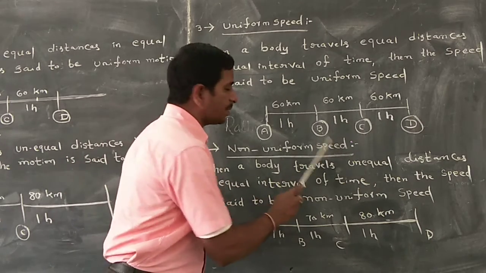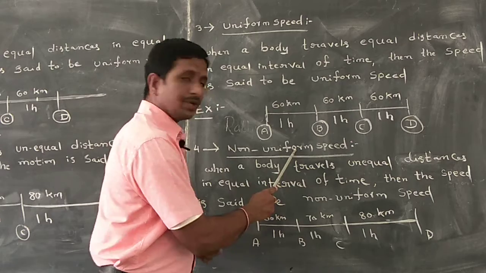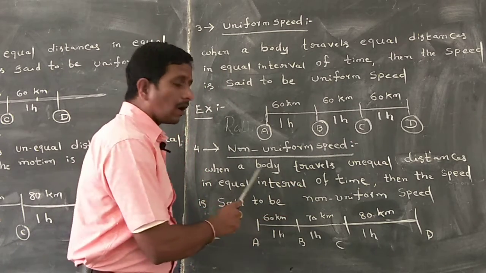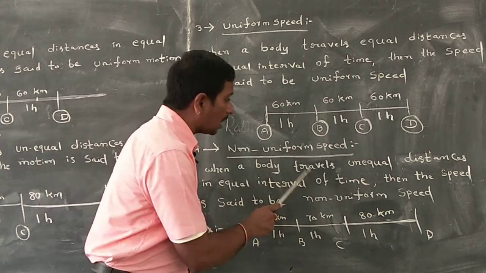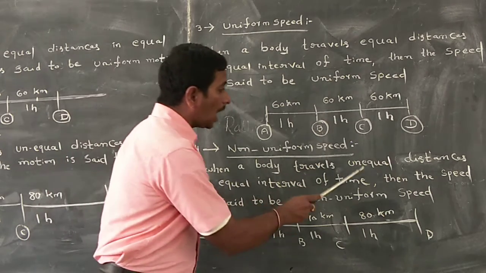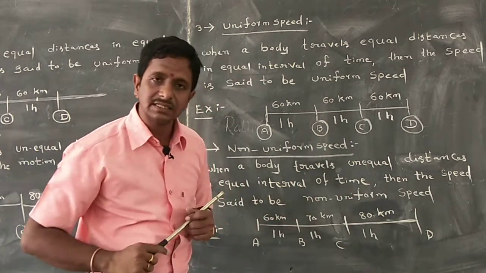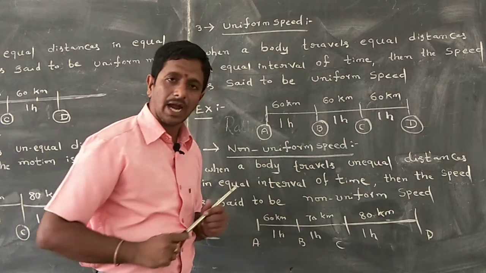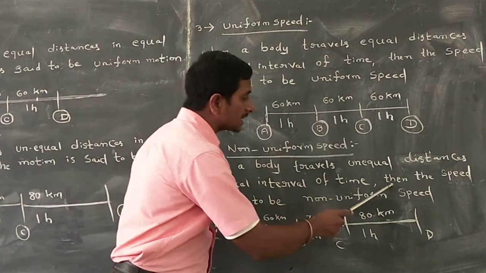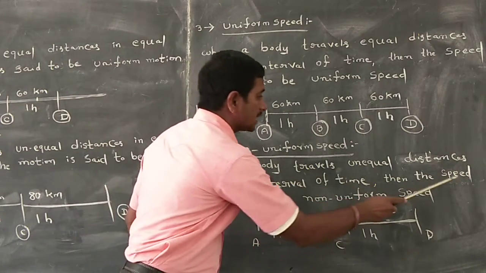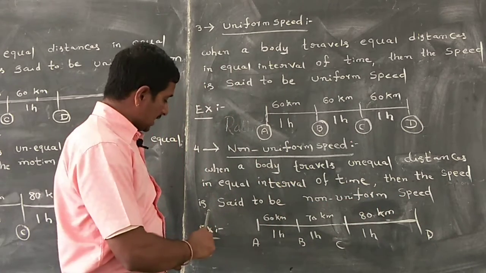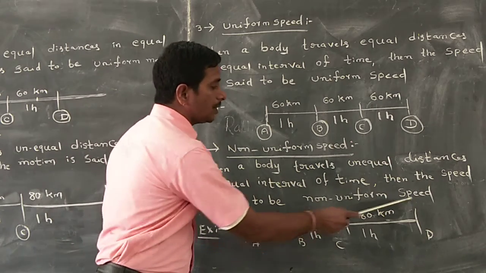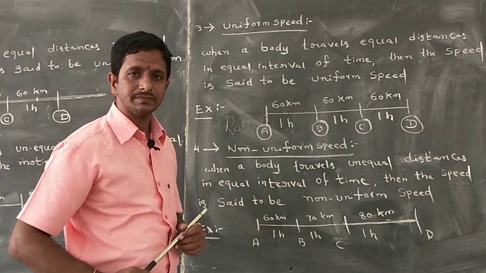Non-uniform speed. When a body travels unequal distances in equal intervals of time, then the speed is said to be non-uniform speed.